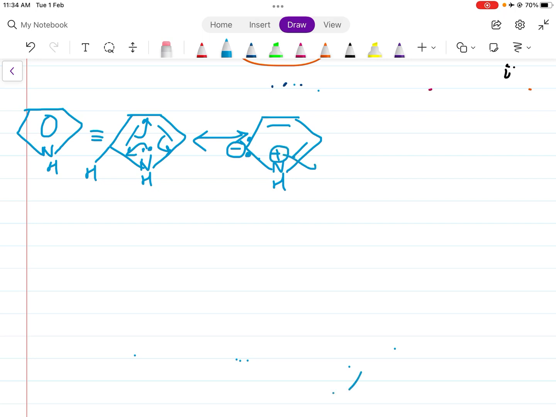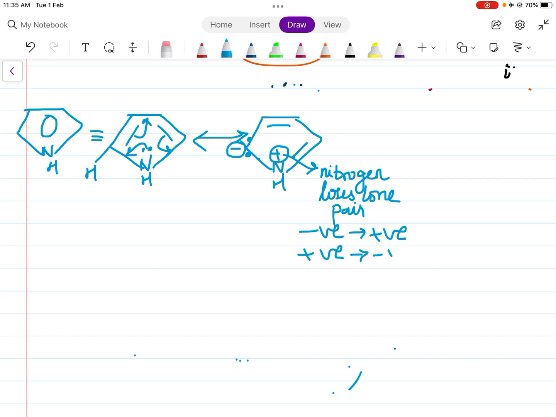So why do we show a positive sign here? Because nitrogen loses the lone pair. We all know that when an atom loses an electron, it becomes positively charged. When an atom gains an electron, it becomes negatively charged.